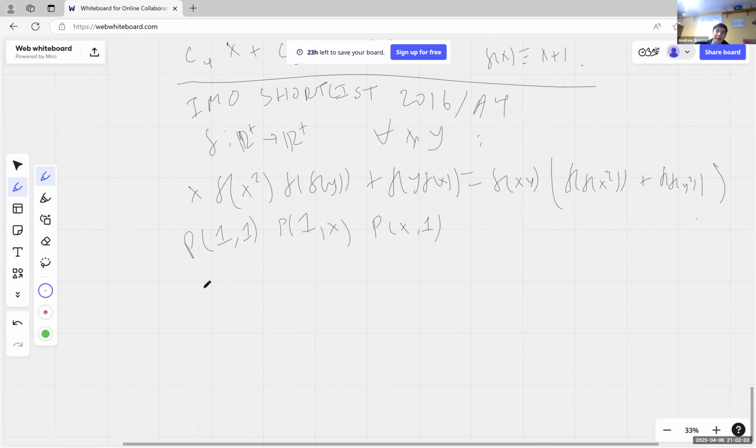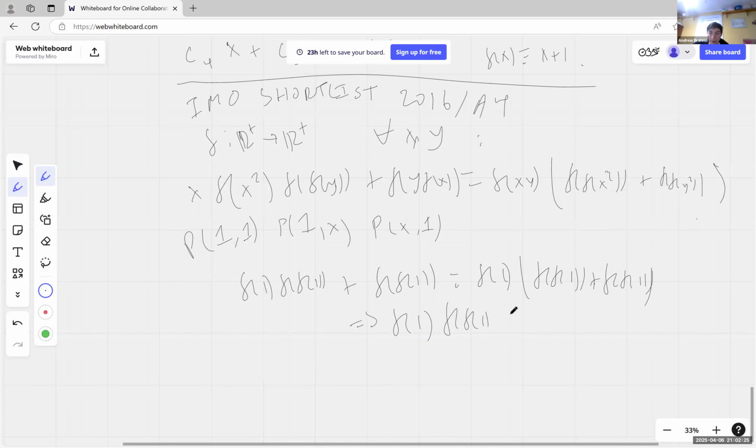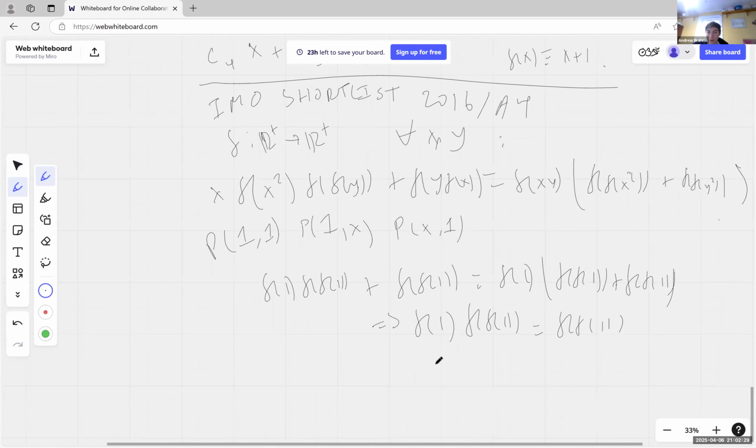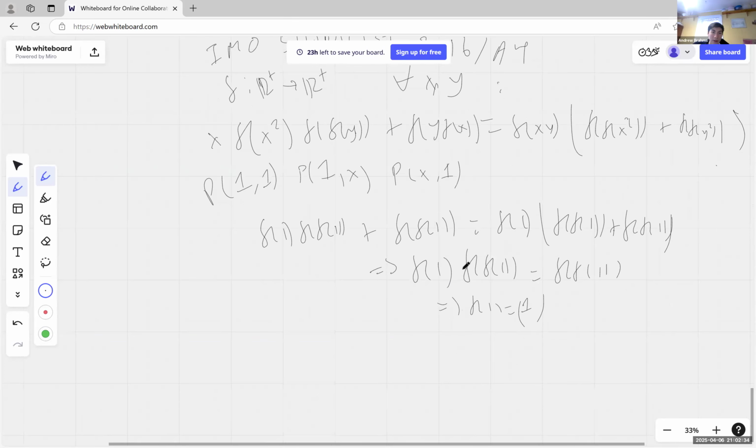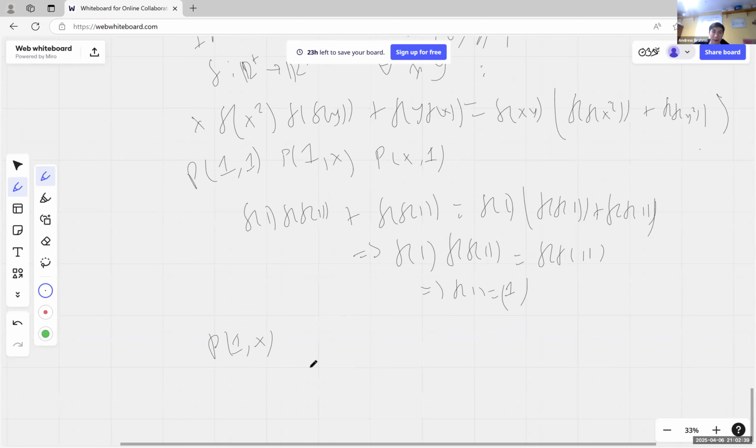When you plug in 1 and 1, you get f(1) f(1) + f(1) = f(1) f(1) + f(1), and therefore f(1) = f(1)... and so f(1) equals 1. Now P(1,x) gives you f(x^2) times f(1), which is 1, plus f(x) is equal to f(x) times f(x^2) plus f(x).